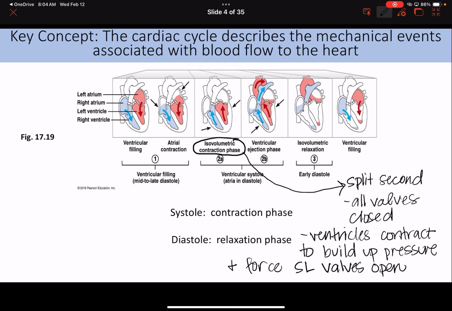So there's a small time within the cardiac cycle where all valves are closed, the ventricles continue to contract, and that's going to allow it to build up enough pressure so it does have a pressure greater than the pulmonary trunk and greater than the aorta, so those valves can open and the blood can be ejected.